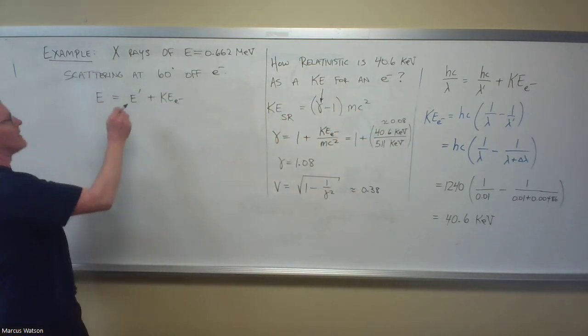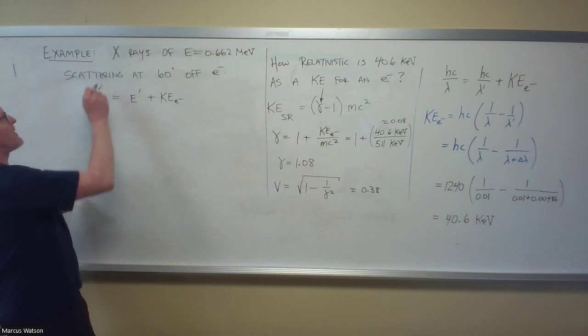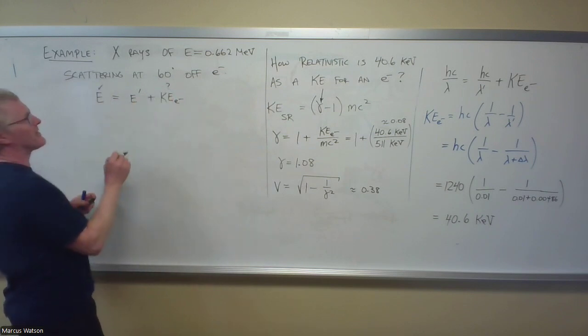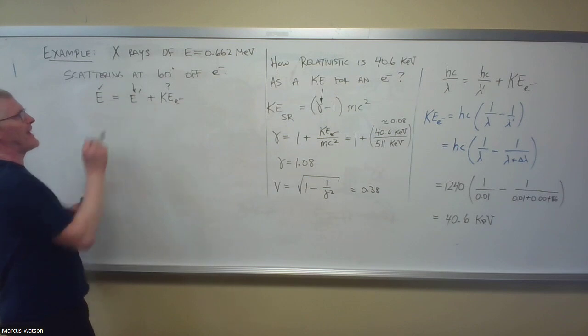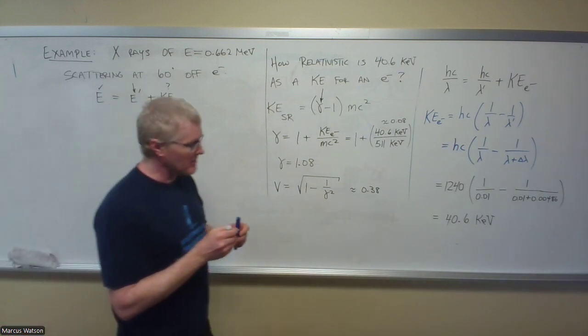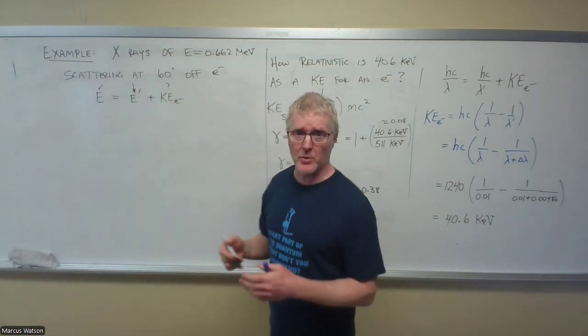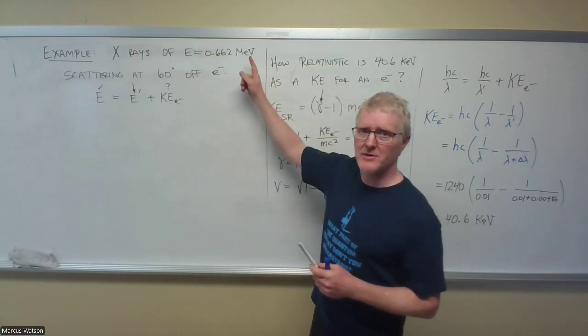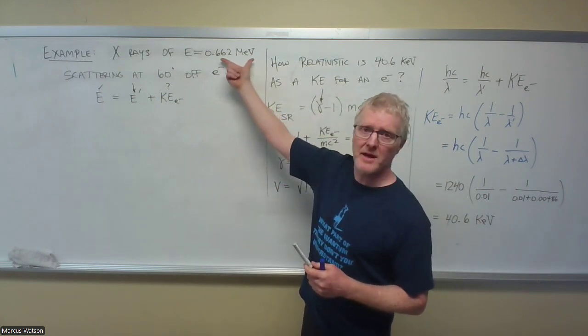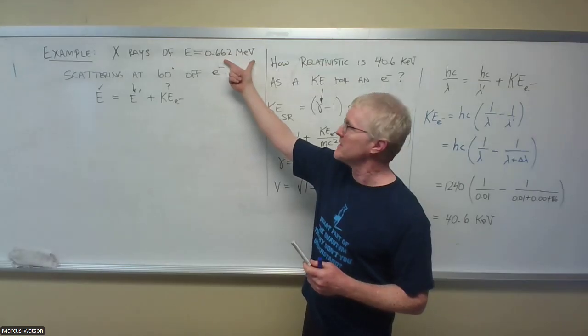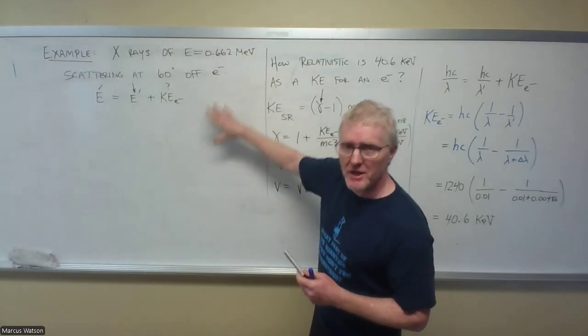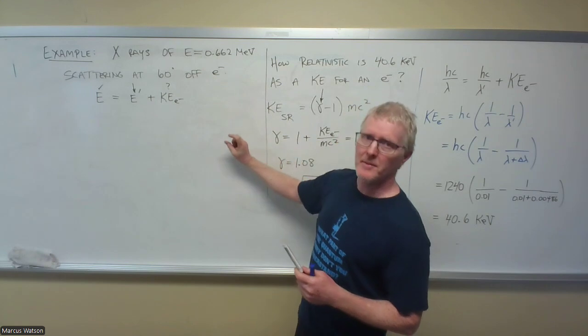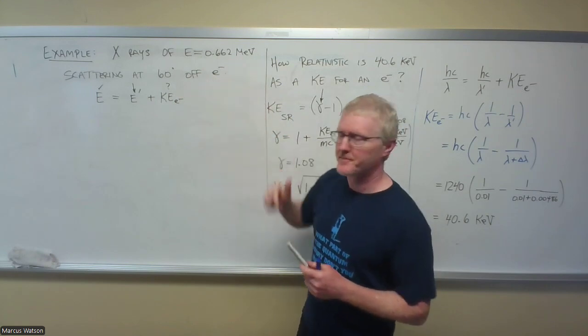The issue here is I know that I'm kind of looking for this, which means I need to figure out what that thing is. In order to do that, I need the wavelength. That means I have to unpack this energy in order to figure out the wavelength of the incoming X-rays, figure out the shift of those X-rays, and then pack it back up into an energy. Alrighty?